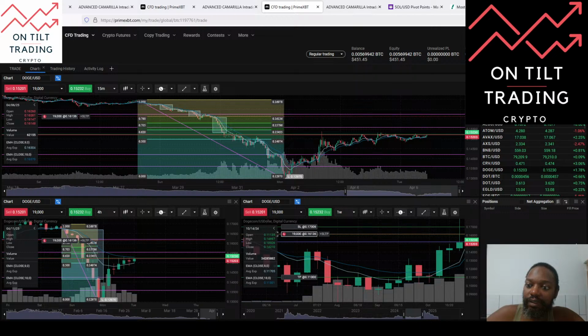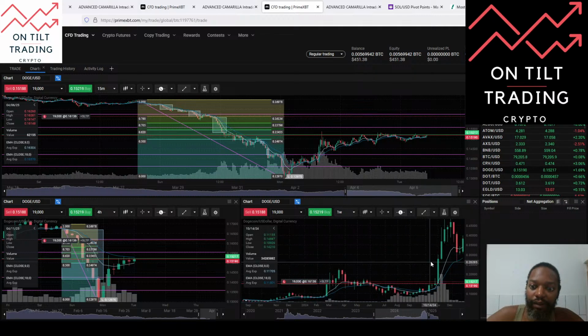of a test of what I believe institutions would test, the sell side liquidity down in this area. So my goal, if I get this trade idea, is to take an exit before hitting this potential liquidity, if it gets that far.